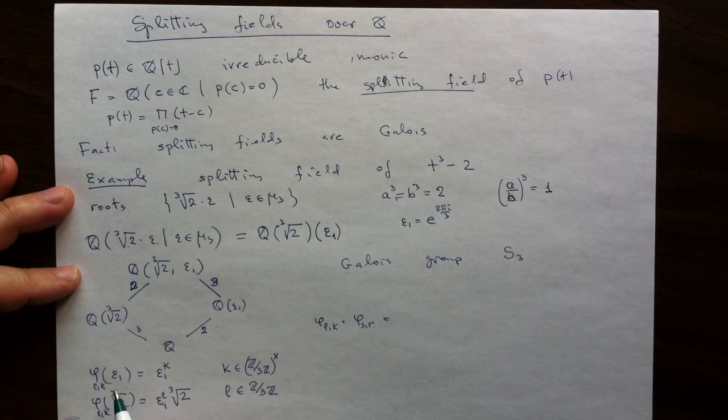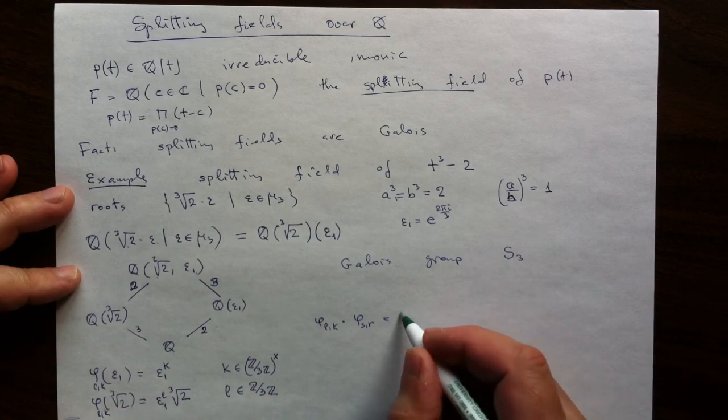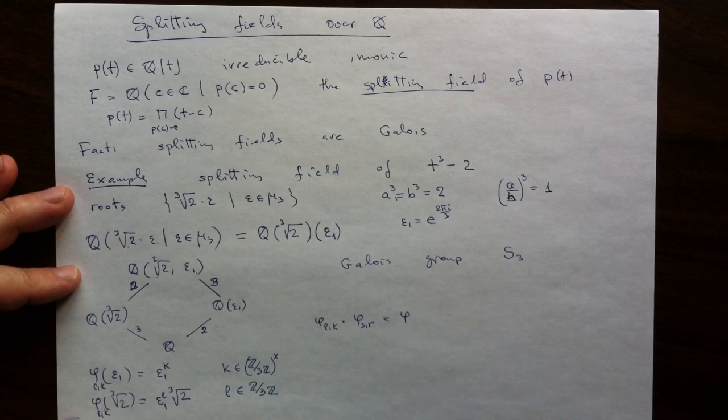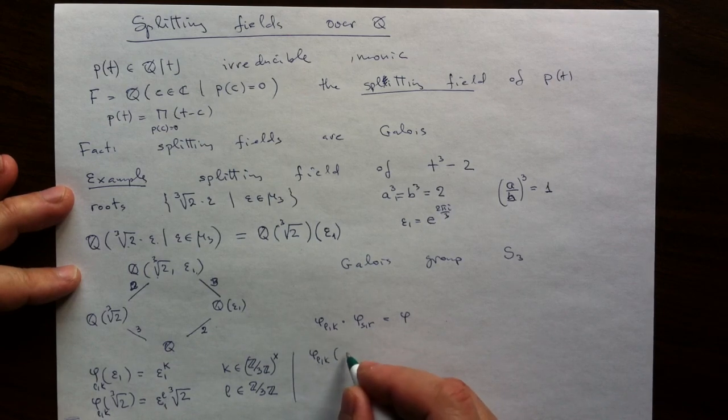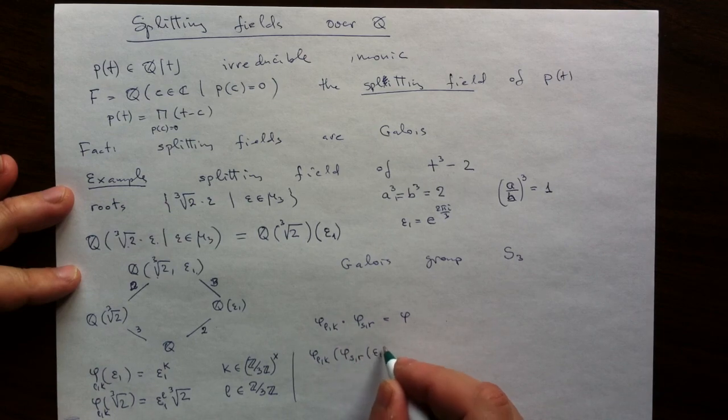It has to be one of those symmetries again, so it has to be phi with some labels. So I just need to compute what these labels are, and I know how to. So the second label will be what happens under this combined symmetry with epsilon 1. So I just need to compute what happens after I do these two transformations together on epsilon 1.